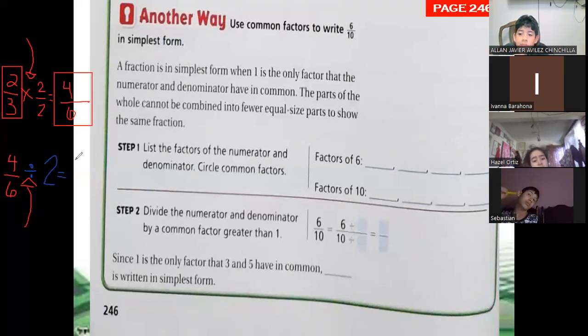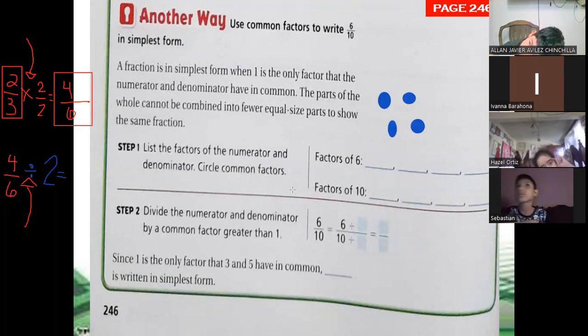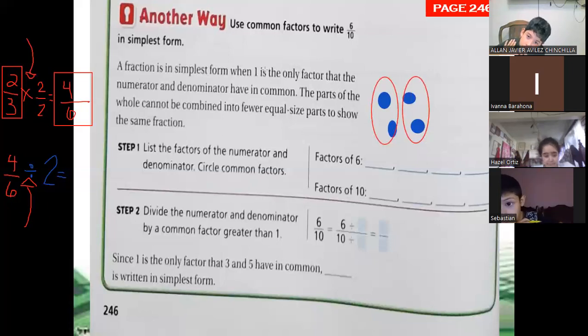I have 4 items, 4 lempiras, 4 candies, and I need to make 2 groups. How many in each group? Alan, pay attention, please. How many? 2 and 2. One group 2, and 2. So my answer here is 2.